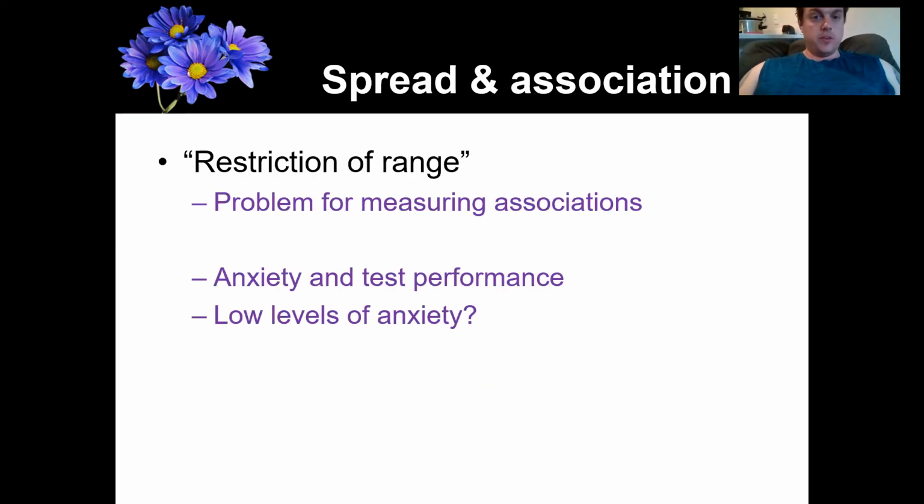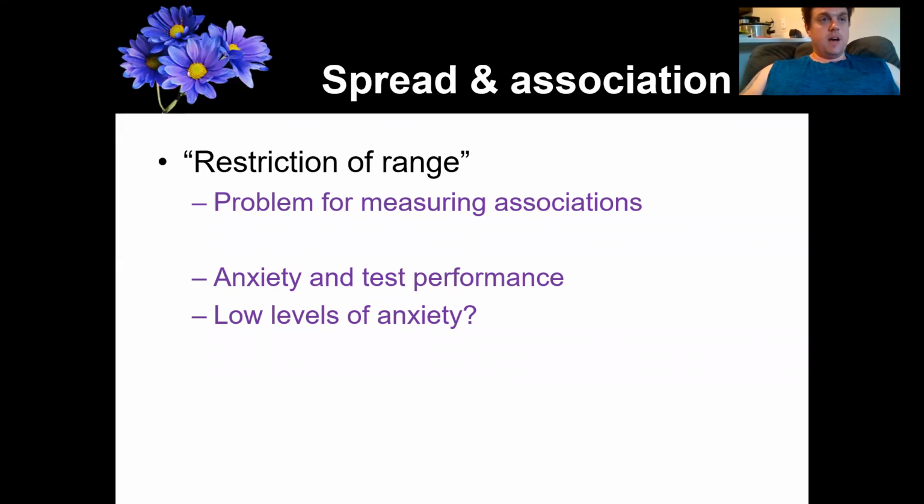Another key thing to keep in mind when you're dealing with correlations is something known as restriction of range. And this is any time you basically don't have enough of a range of the value you're looking at. This can be a problem for measuring association. So for example, say I wanted to look at test anxiety and test performance.